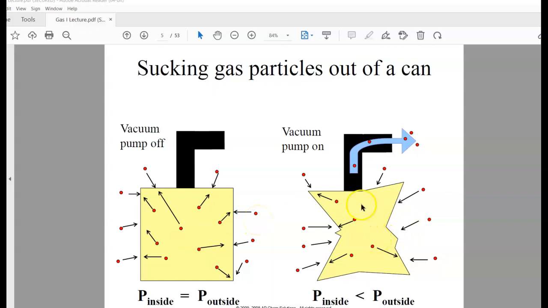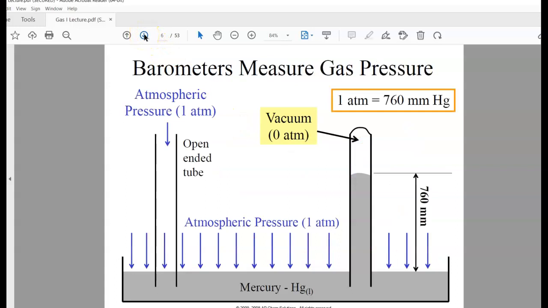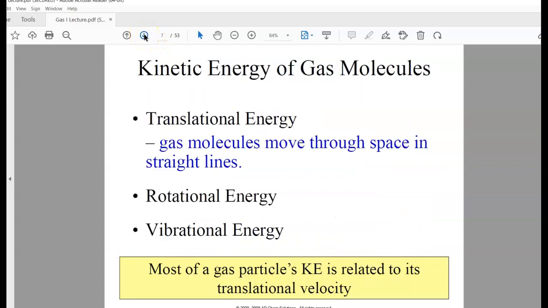But if the pressure was diminished on the inside of the can, people have a tendency to think that you're sucking out the air and then sucking in the sides of the can, but really it's a differential in pressure that's causing this can to collapse. The pressure on the outside, atmospheric pressure, again, 14.7 pounds per square inch, that's significant. So that's going to crush the can. Okay, let's get to the gas laws.